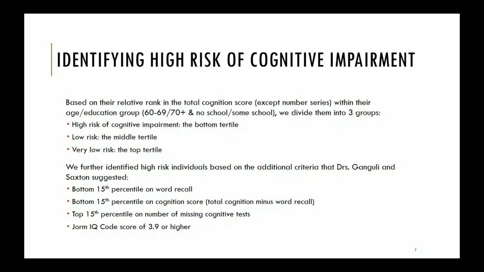And for the cases where the respondents failed to participate in the cognitive test, we administer the proxy cognition module. Basically, household members who know about the respondents were asked some additional questions about the respondents' cognitive status.